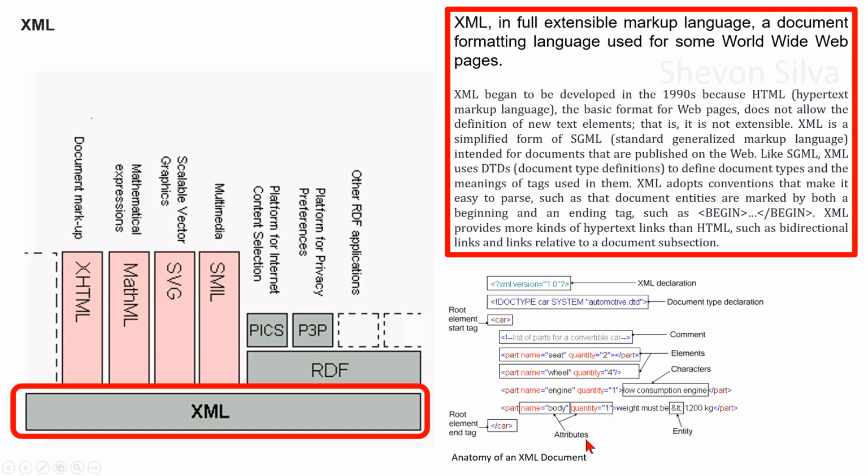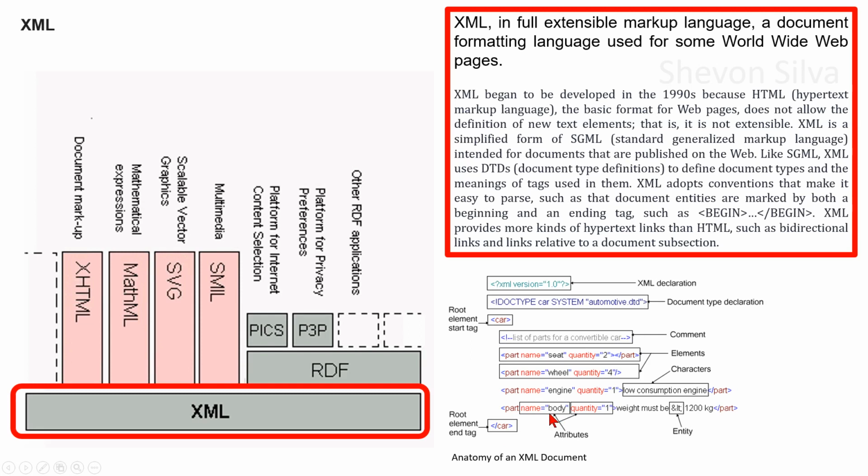Attributes. The start tag can contain attributes, which are name and value pairs qualifying the element. Attribute names are unique within the tag scope. Attribute values appear within quotes.